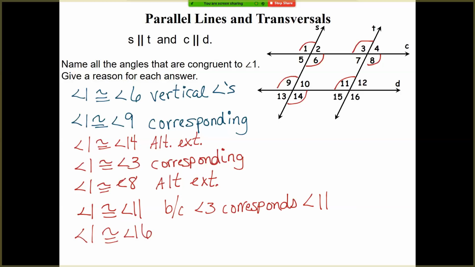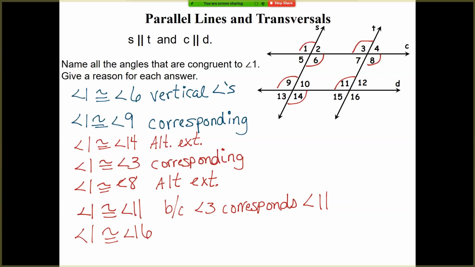So angle 1 is congruent to angle 16. I could justify this multiple different ways. I could say angle 16 is a vertical angle to 11, which we've already proven is congruent to angle 1. I could say that it is corresponding to angle 8. I could say it's alternate exterior to angle 3. It's also alternate exterior to 9 and corresponding to 14.